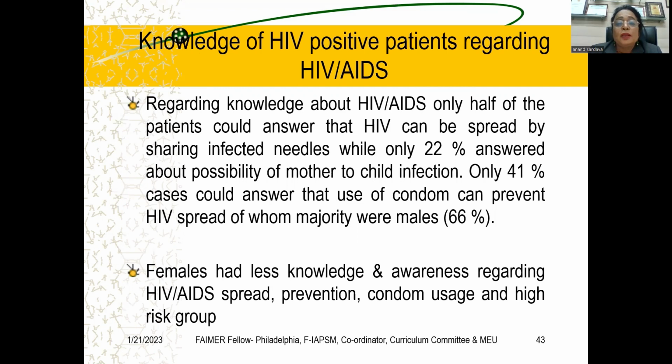I again want to say that this was a 2007-8 study, so we are talking about that time. Females had less knowledge and awareness regarding HIV/AIDS prevention, condom usage, and high risk behavior. So the knowledge about this was not complete in both genders, more so in females.